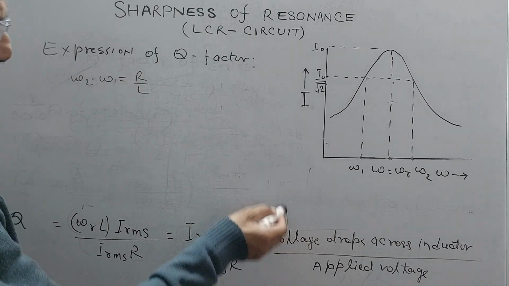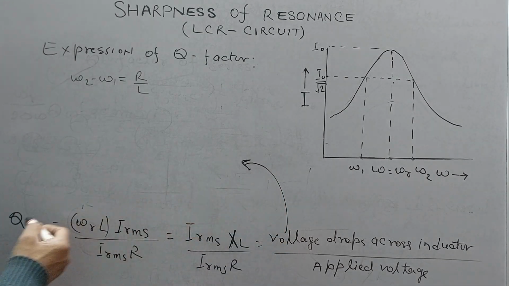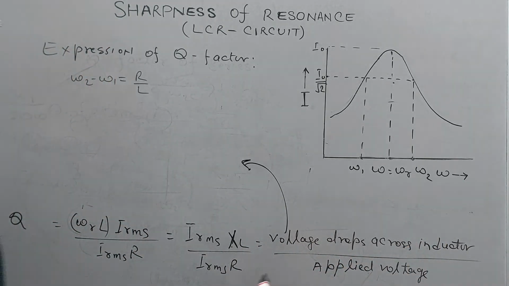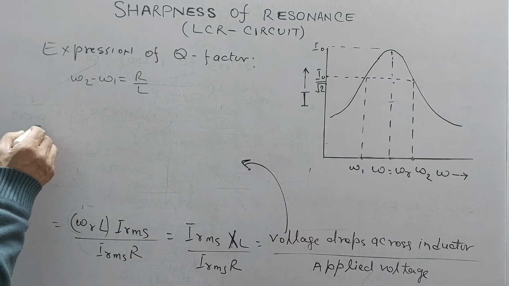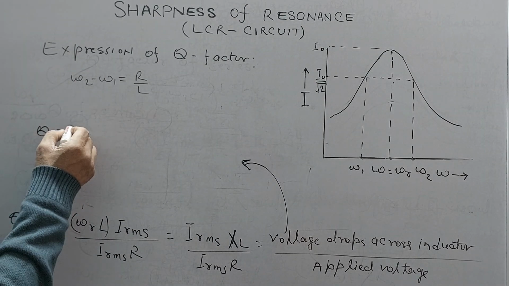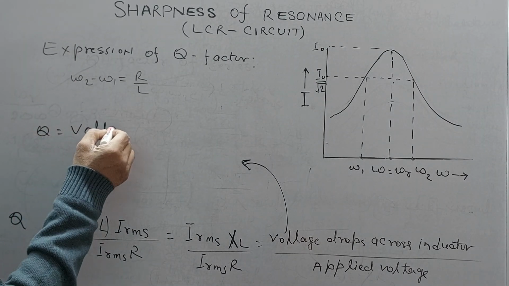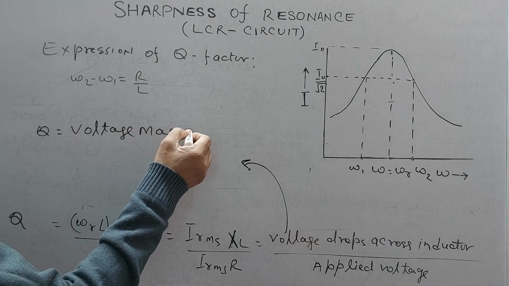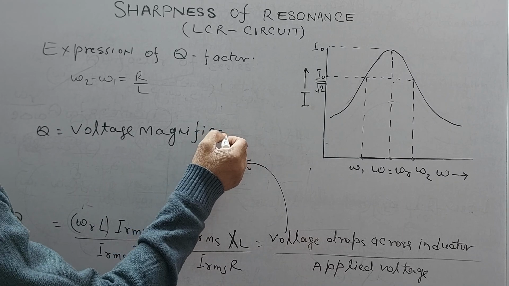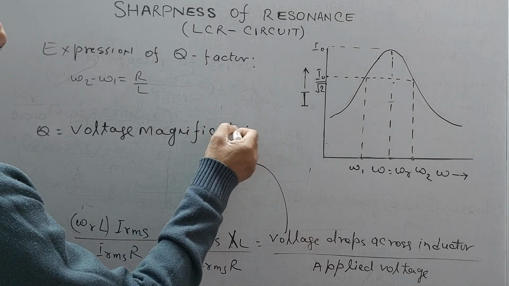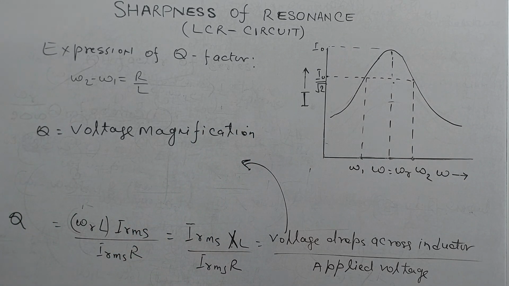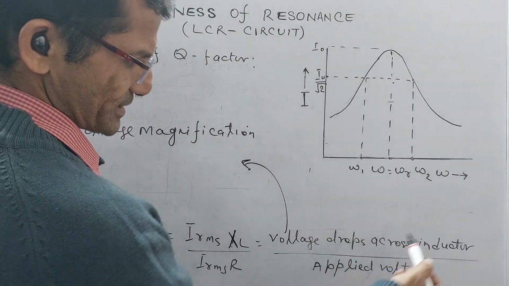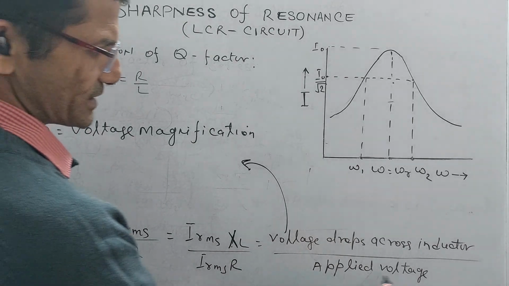Now this value becomes the quality factor: voltage drop across the inductor divided by the applied voltage, known as voltage magnification. Here the voltage across the inductor, we already know that at the resonant frequency, is always greater than the applied voltage.